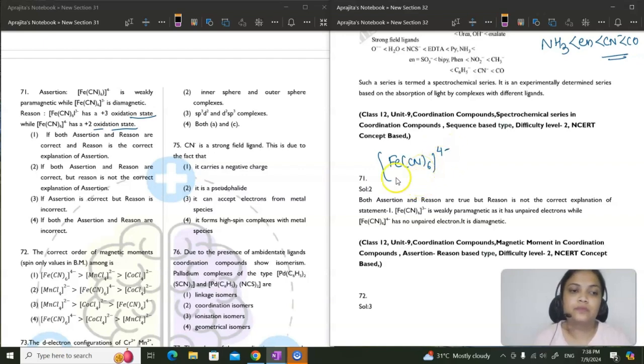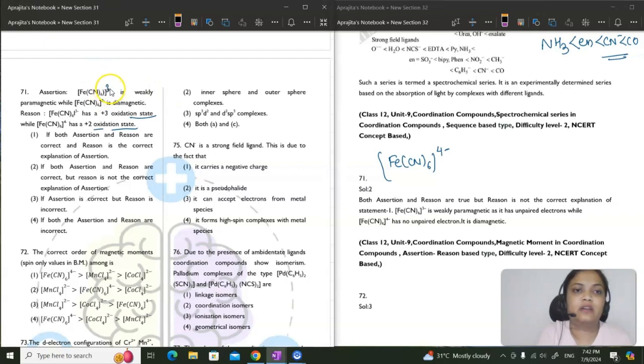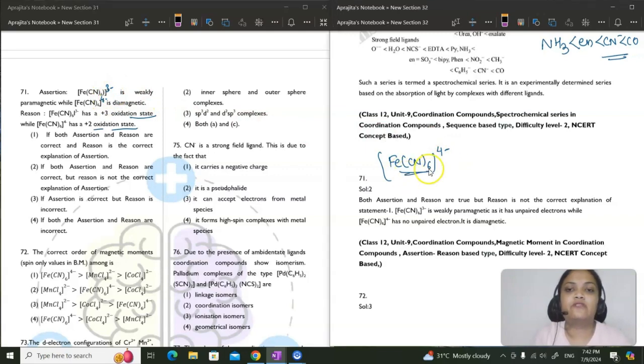So here it has to be Fe(CN)6 3- and Fe(CN)6 4- the other way around, because if I talk about Fe(CN)6 4-, here iron is in +2 oxidation state, meaning d6.